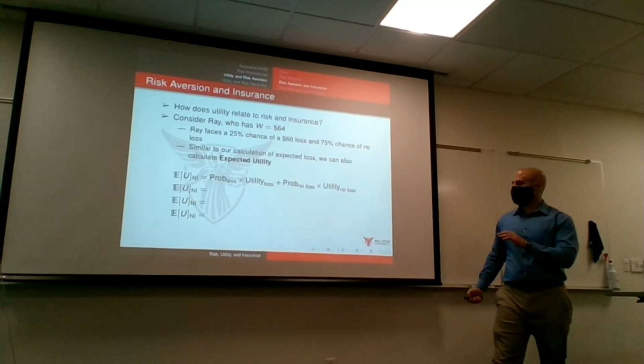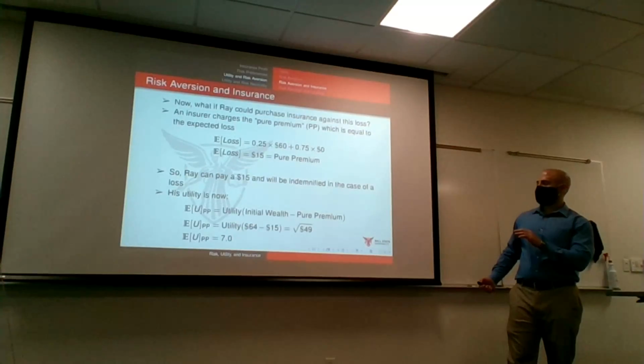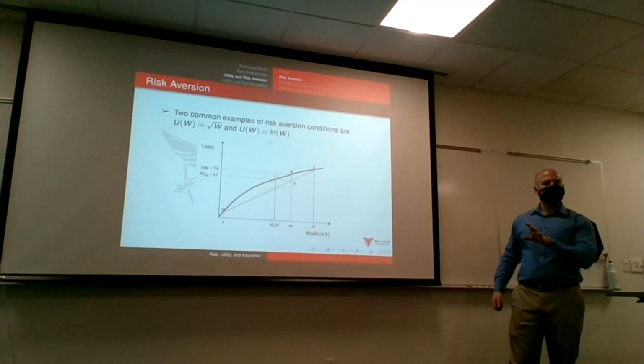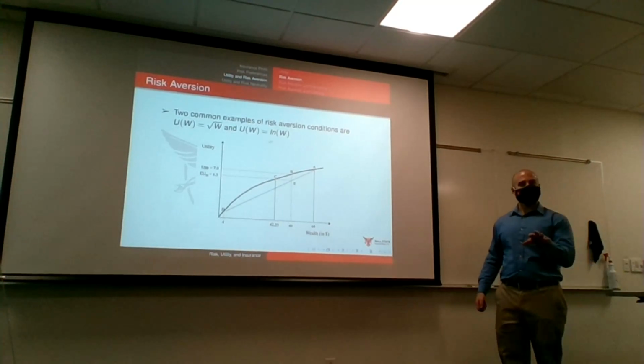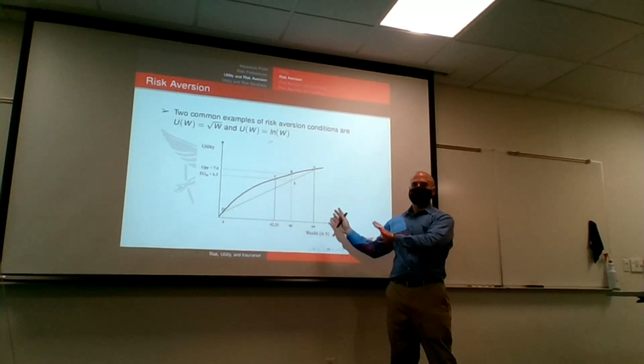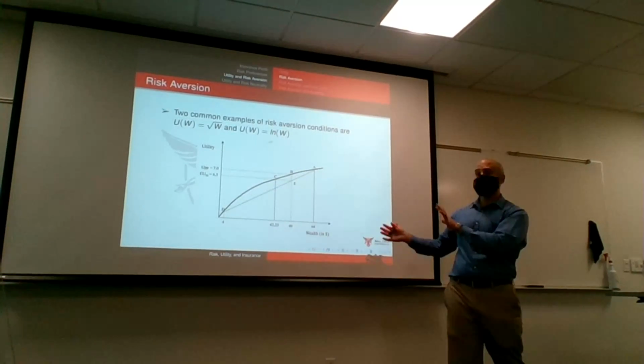All right, so questions about Ray. Let's go back to the graph, I think. Questions about Ray and his decision-making process here. So we assume Ray is risk averse. In the worksheet, you won't be recreating the graphs here. If you want to, that's fine.